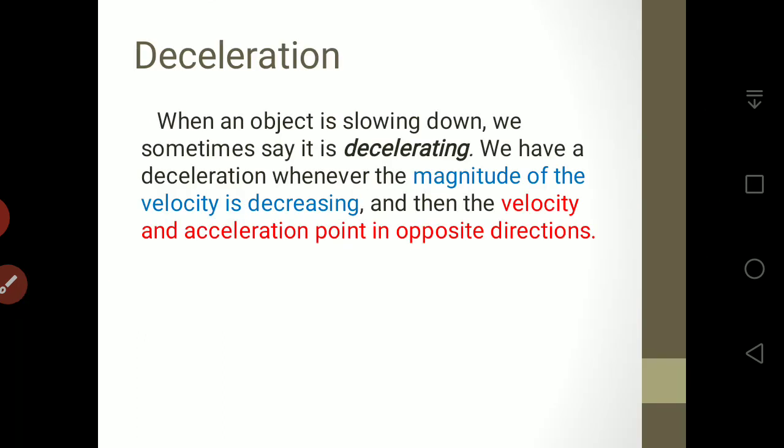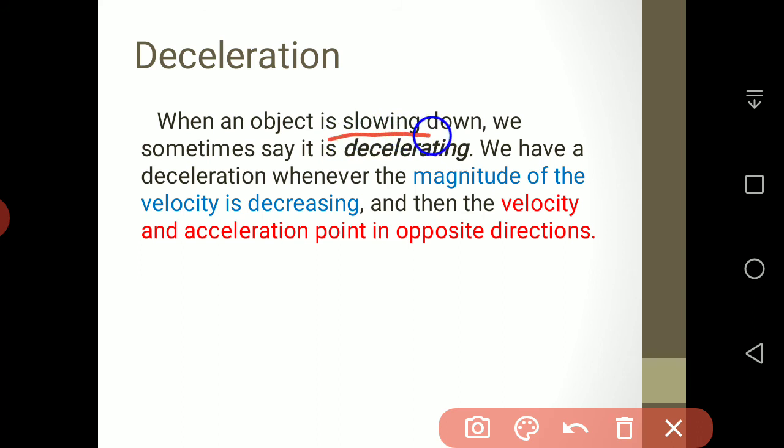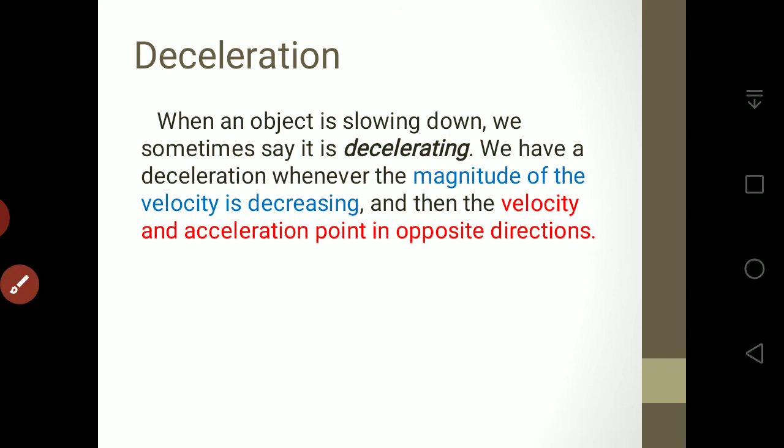So, deceleration. Ano naman ang ibig sabihin ng deceleration? When an object is slowing down, nag-slow down siya, so yung velocity niya nag-change from fast to slow, karaniwan sinasabi natin that it is decelerating. We have a deceleration whenever the magnitude of the velocity is decreasing.